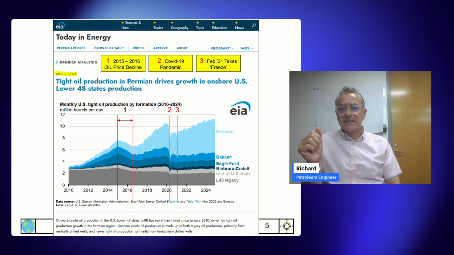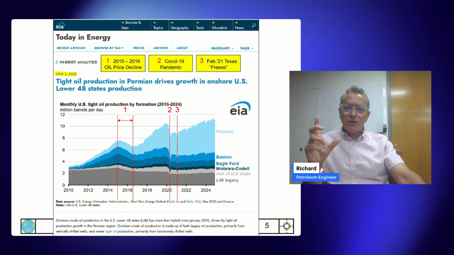Then there was the COVID-19 pandemic, and then ironically enough, it's very clear the Texas freeze that occurred in February of 2021, at the very end of COVID, or the start of COVID coming to an end. And that was a material decline also that I highlighted in here. The point to make on this slide, as you can see very clearly, is that the Permian Basin makes up a significant amount of the US's existing production.